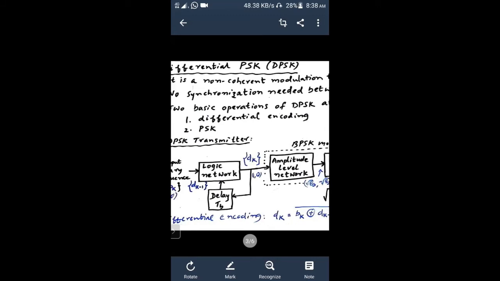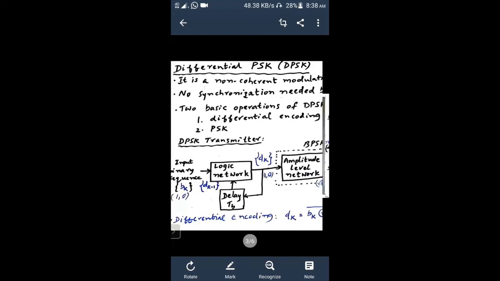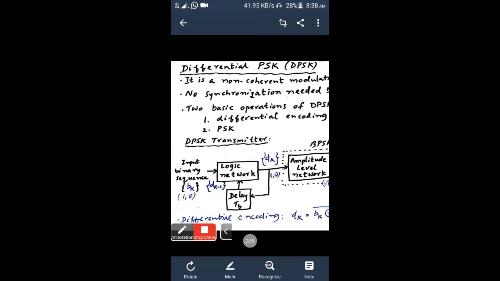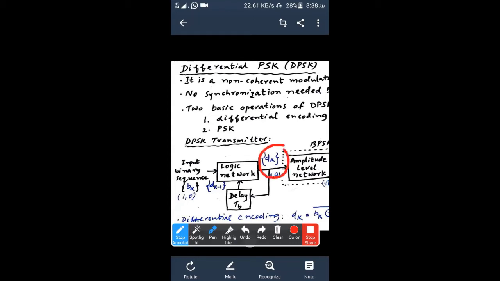Now tell me, what is the difference between bk and dk? Guys, this dk depends upon the present input bk and the previous output dk minus 1. So dk does not only depend on bk, but also on the previous output, that is dk minus 1.